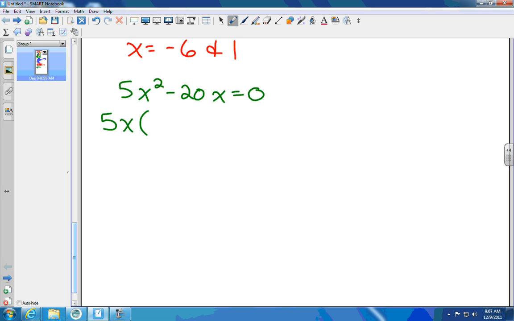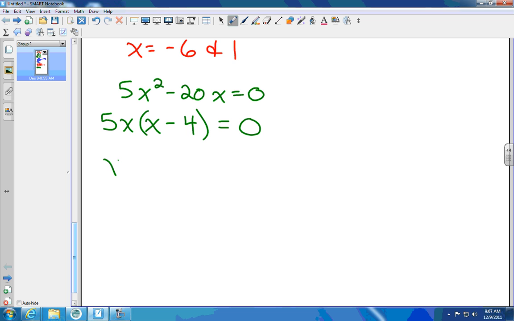So 5x squared divided by 5x, what would you have left? Just an x. Minus 20 over 5 is 4, and the x is canceled. So we check step 2, is that difference of squares? Do we have a difference? Same as one earlier, it's not x squared here. So we don't have it.